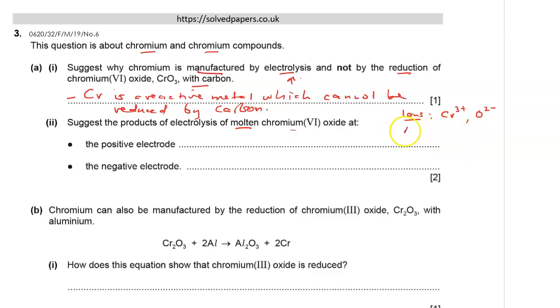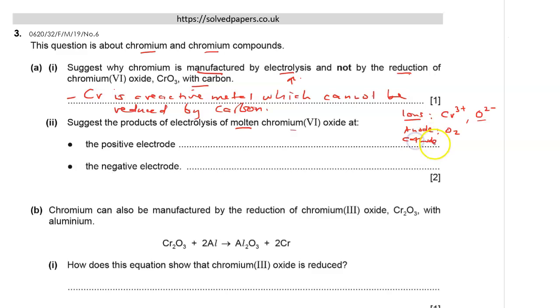So you'll find that at the anode, oxygen will be discharged. The oxide ions will go to the anode, and then it will be discharged as oxygen.